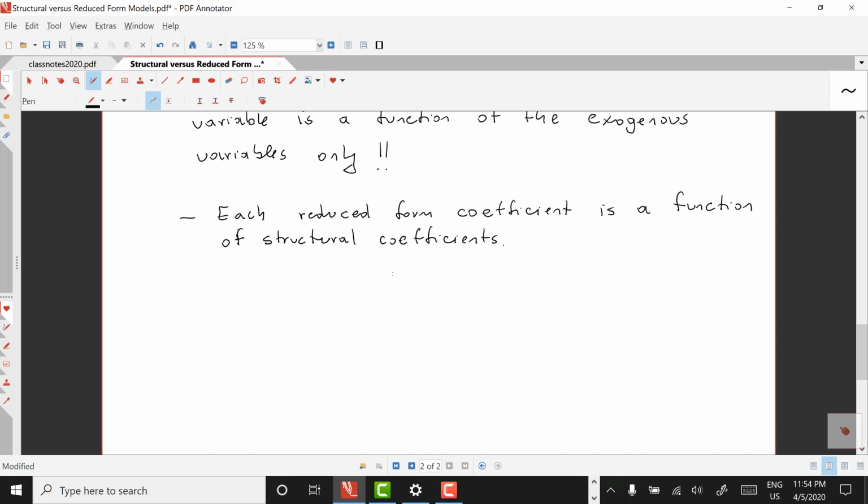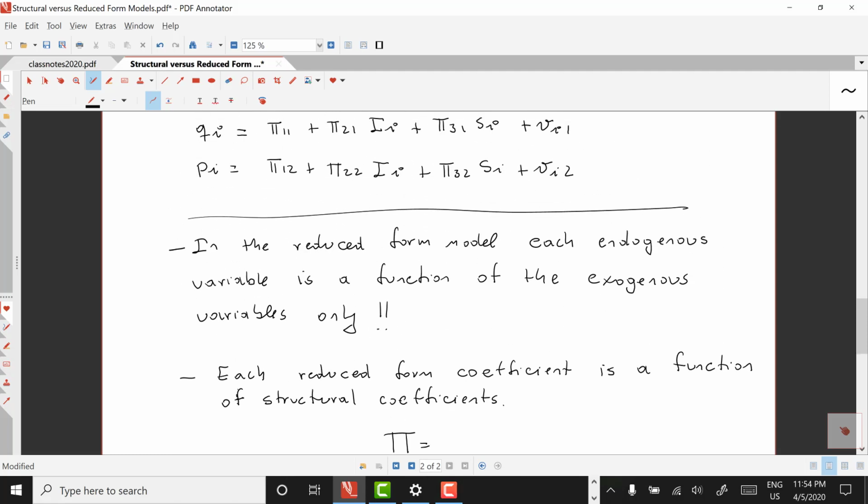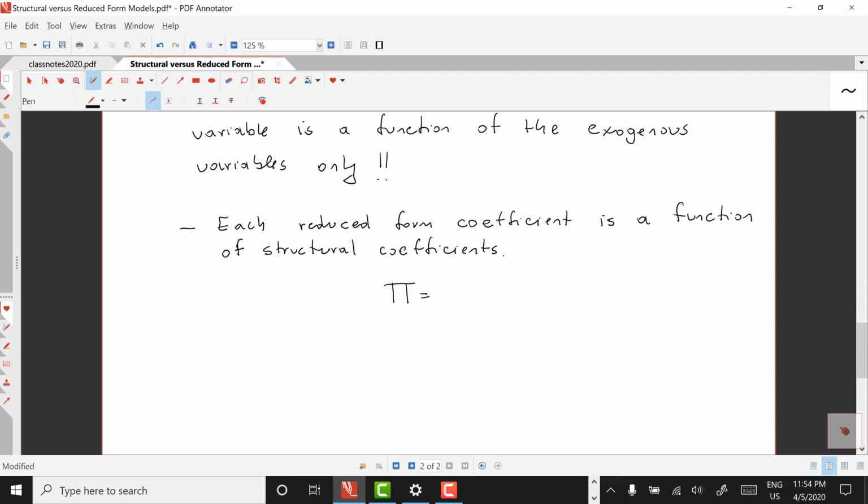If we were to write the matrix pi, which would include all the coefficients, pi 1,1, pi 2,1, pi 3,1, pi 1,2, pi 2,2, and pi 3,2, all of them could be a function of the original coefficients.